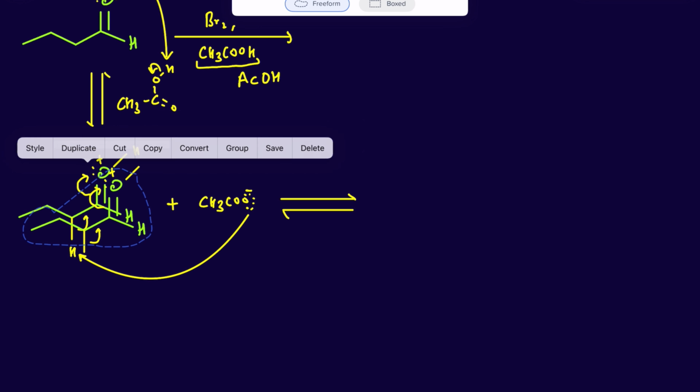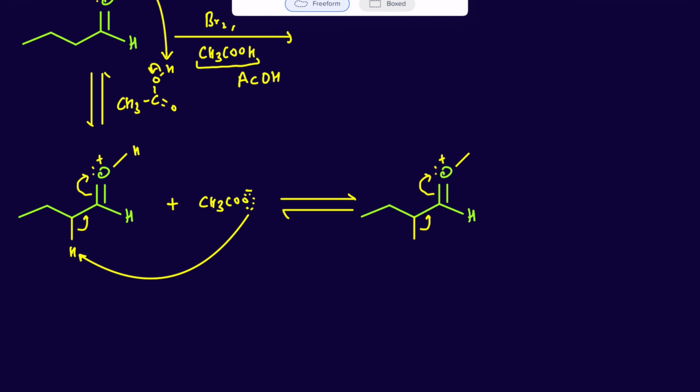So at the end of the day, I'll get, let me just erase this. I got a double bond here. I got an oxygen here with an OH. So now I got the electron density restored there, and I have an acetic acid formed back in there.